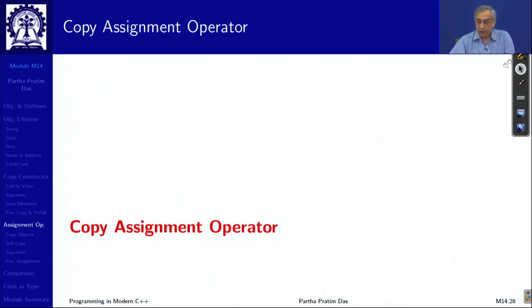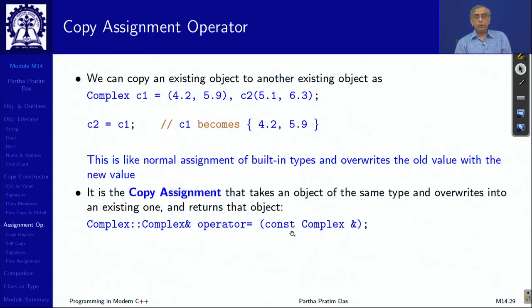Okay. Now, let me talk about the copy assignment. Other than the construction which we were doing, the other thing that we do regularly is copy one value into another. So, when I write something like complex C1 = C2, then I mean a copy construction, because this is an initialization.